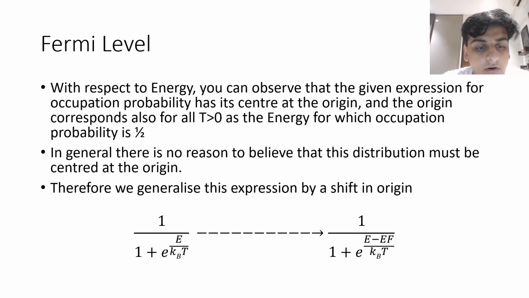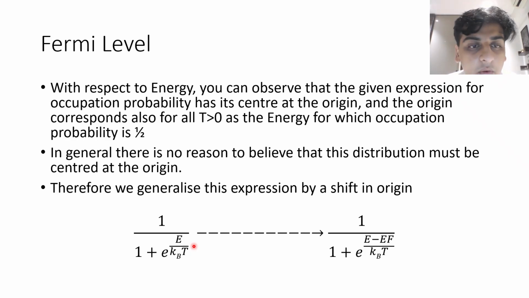Cool. So now I want to talk about a new concept called the Fermi level. If you look at this original expression of the occupation probability, which we derived just now, you can see that with respect to the energy, this expression is centered at the origin, which means that this exponential changes from positive to negative at the origin.